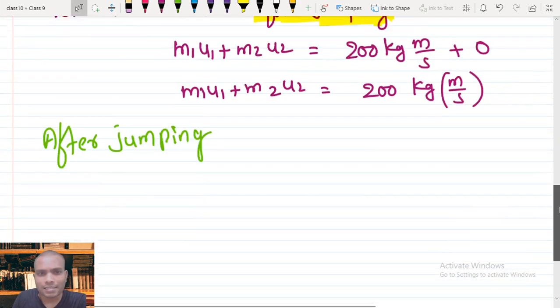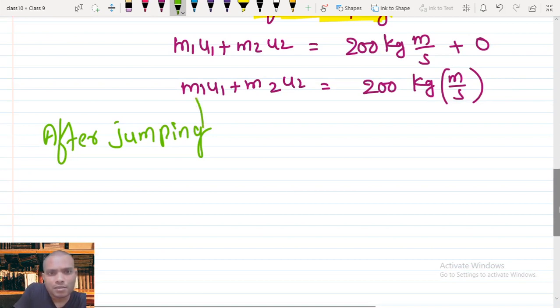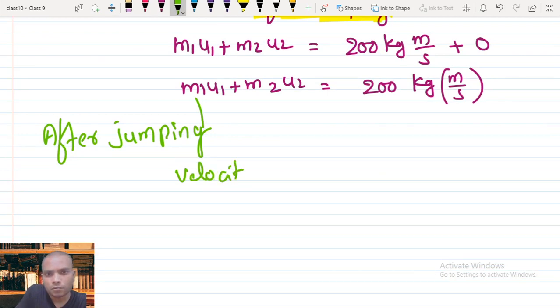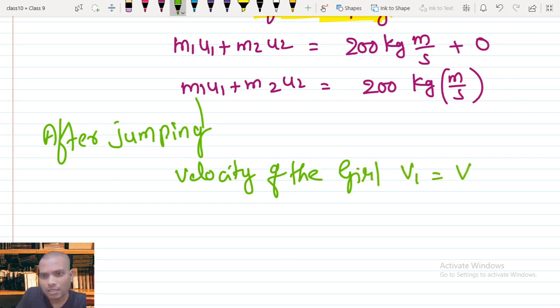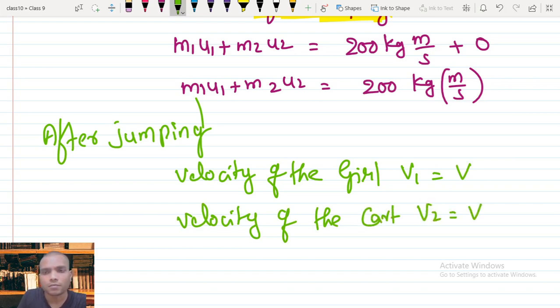So after jumping, the velocity of the girl v1 is equal to v, and similarly the velocity of the cart v2 is also equal to v. The mass m1 of the girl is 40 kg and the mass m2 of the cart is 3 kg; these do not change.